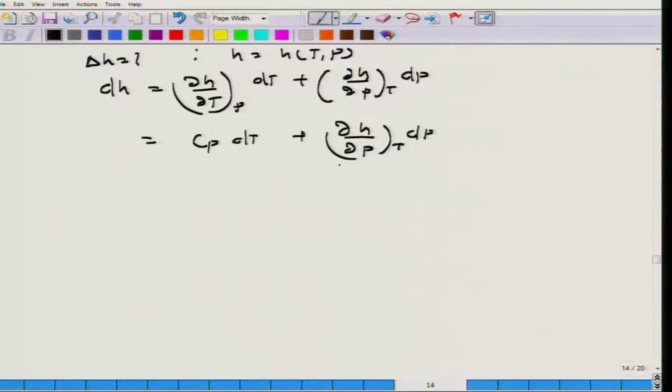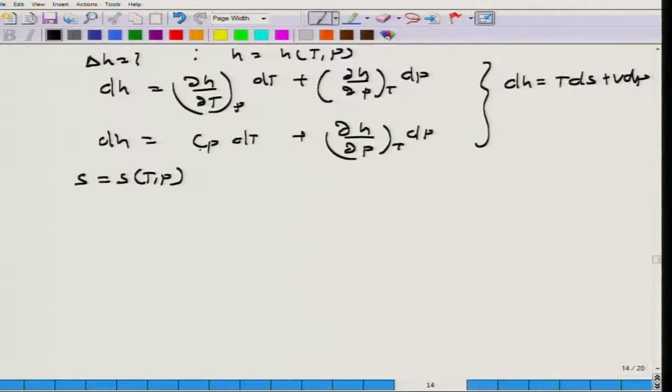Now here again we are going to make use of S as a function of T, P. We're going to make use of the differential form of entropy here, and we also know that dH is nothing but TdS plus VdP. So we have written dH in the form of these two terms, which connect Cp and the partial derivative of H. This will be the path corresponding to constant pressure, this will be the path corresponding to constant temperature, and by taking two paths you can change from state 1 to state 2, from T1, P1 to T2, P2.